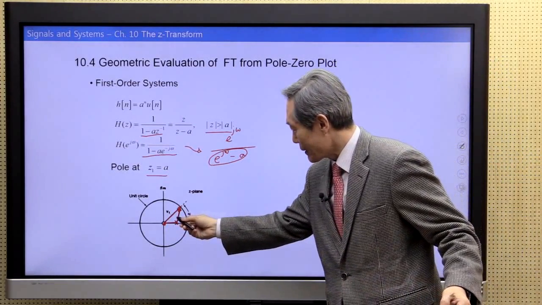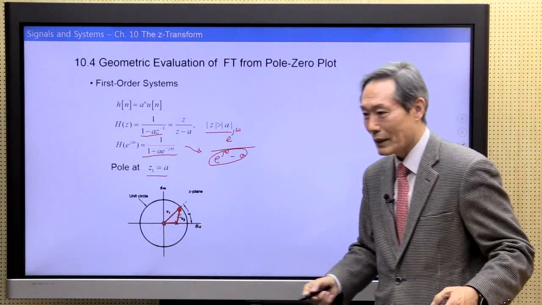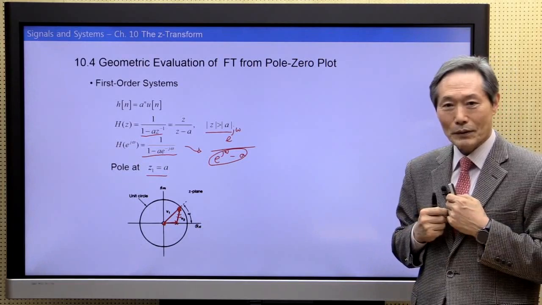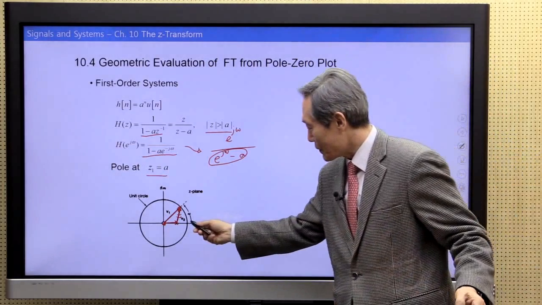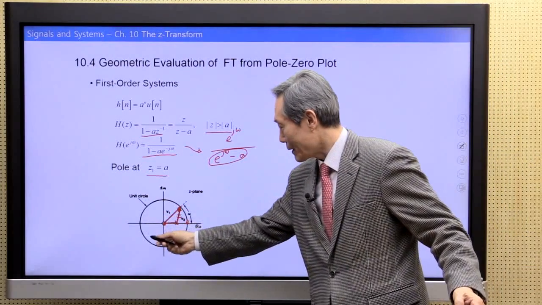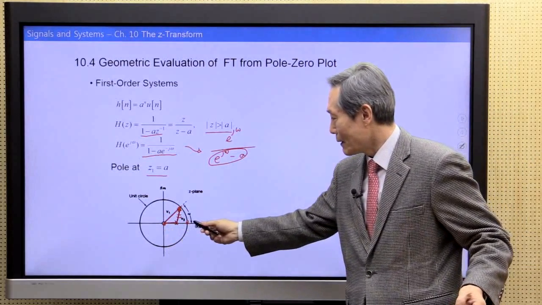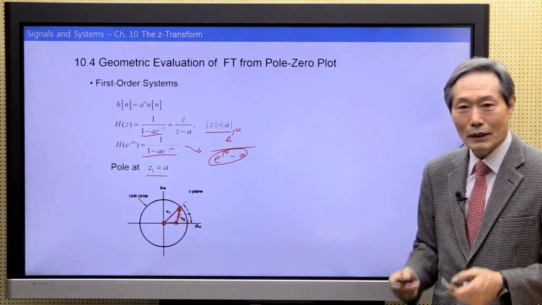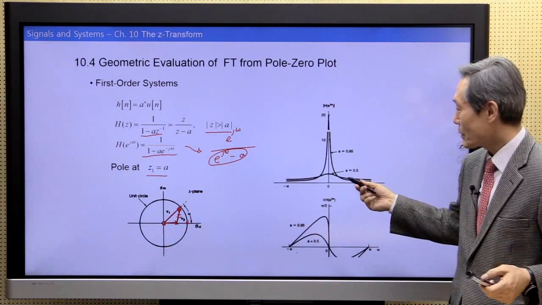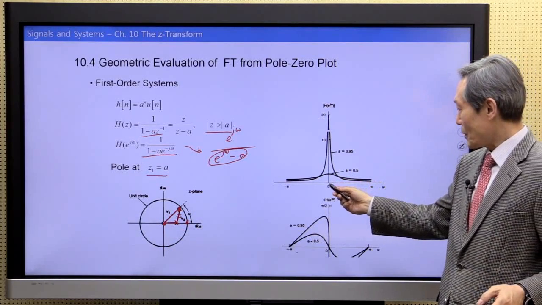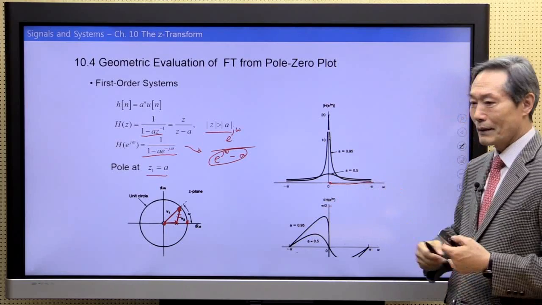So if we take the amplitude of this one and take its inverse value, that's the magnitude. And we move this point from 0 to pi and check how the magnitude changes. Then you get the magnitude characteristics from 0 to pi.